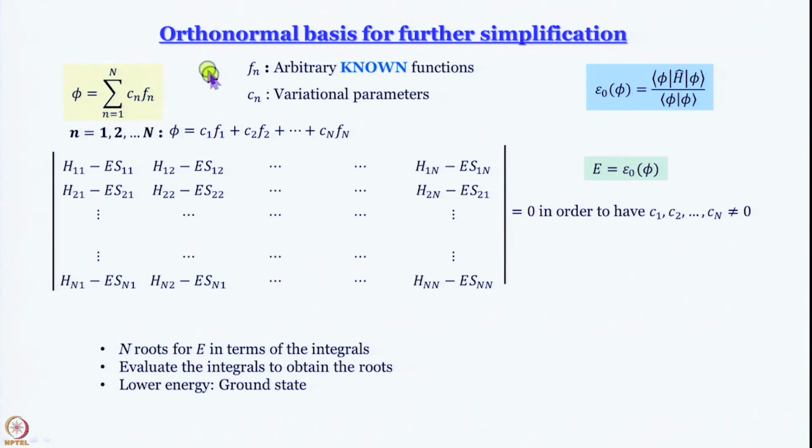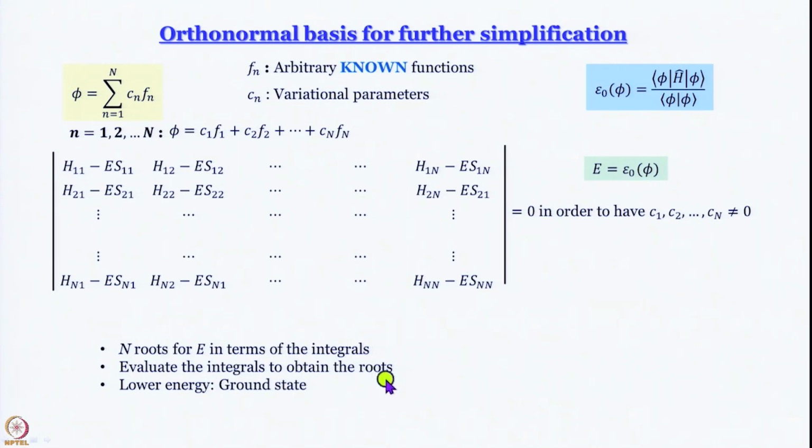Of course, even before going there, if we simply write this expression, then no matter whether fn's are orthonormal or not, you will get this kind of a secular determinant. Okay? Last time we had just a 2 by 2 determinant, this will be an n by n determinant, that is all. And we will get n roots, we have to evaluate the integrals, and the one with lower energy will be the ground state.